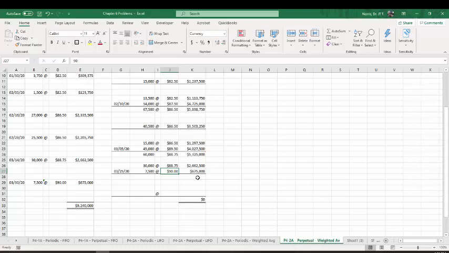And then we make our last purchase on the 25th of 7,500. And now we have 37,500 units at a total cost of $3,337,500. And that is an average cost per unit of $89.